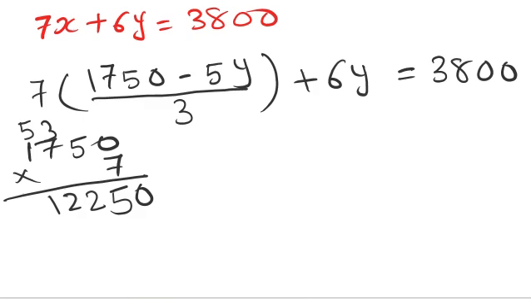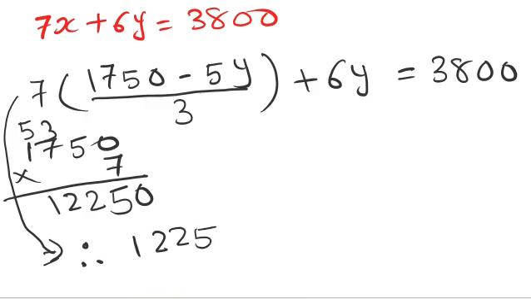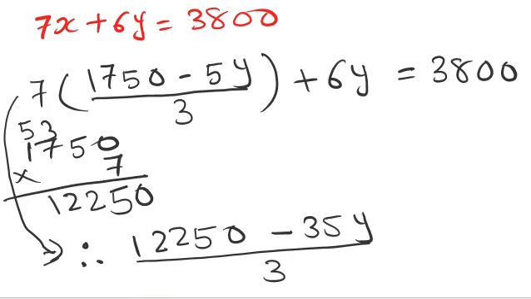Okay, that is 7 into 1750. Therefore 12250 minus 7 times 5 is 35y, divided by 3, plus 6y is equal to 3800.